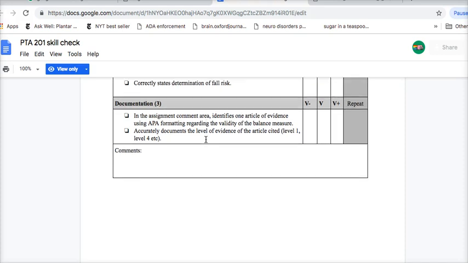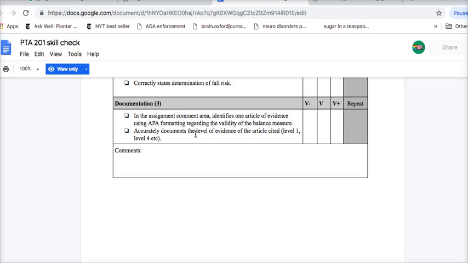In the documentation regarding the validity of the measurement, you'll notice when I say validity, I don't say that it shows it's valid. If there's an article that shows they're not valid, let me know. Then I rate the level of evidence of the article cited, whether it's level 1, 2, 3, or 4.